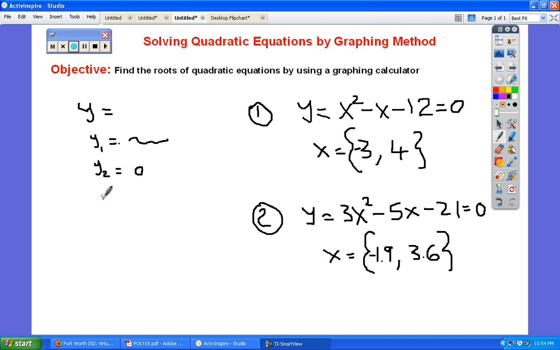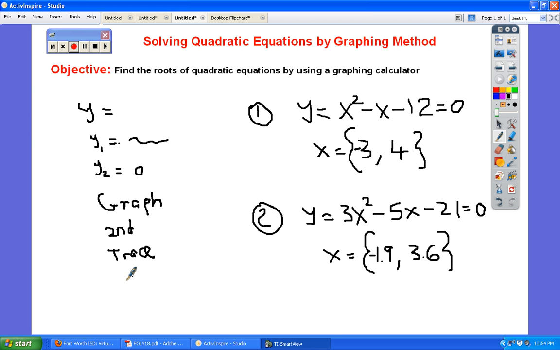Then you're going to graph it. Then you're going to press second, then the trace button.